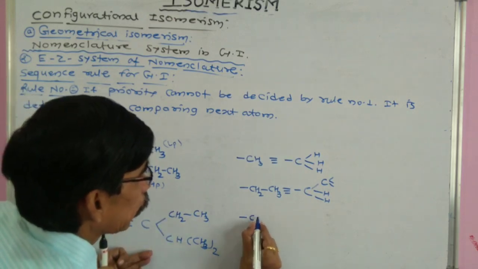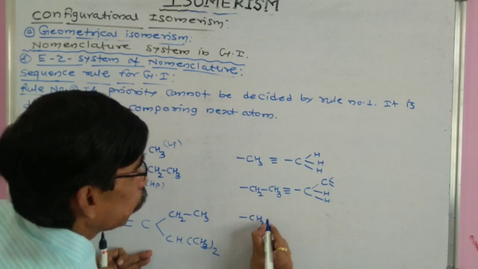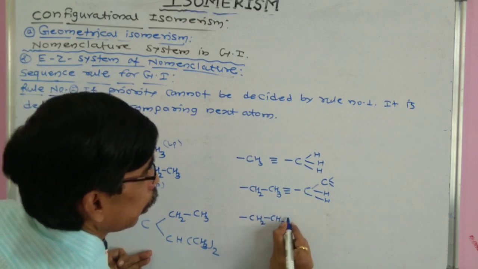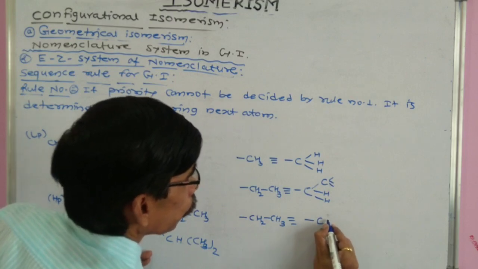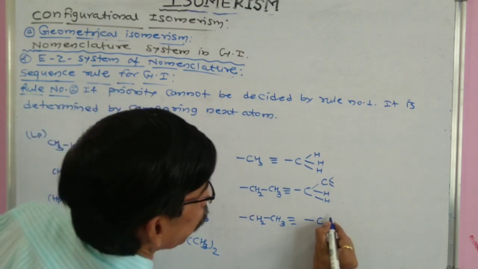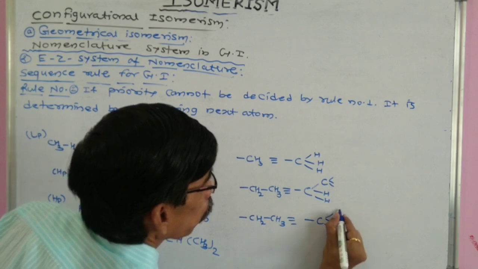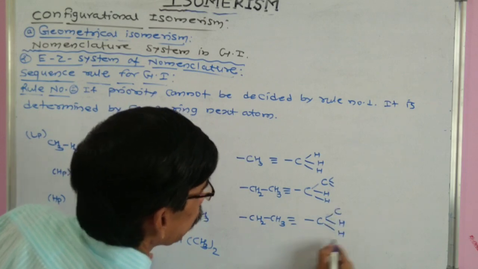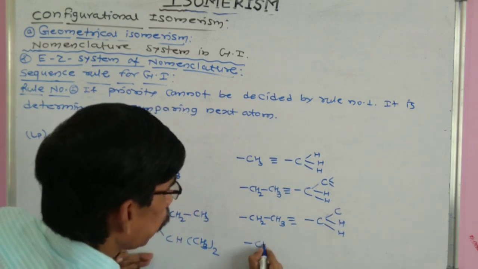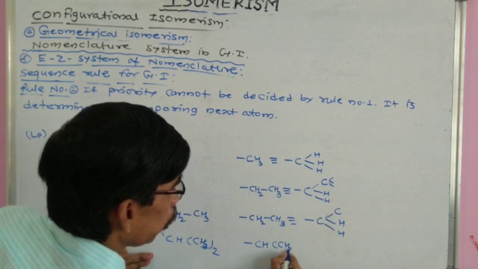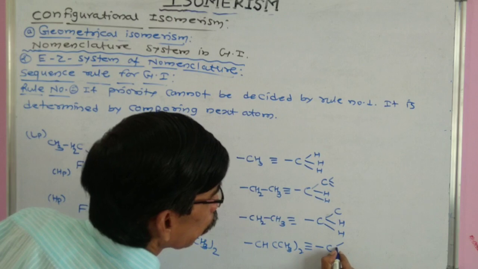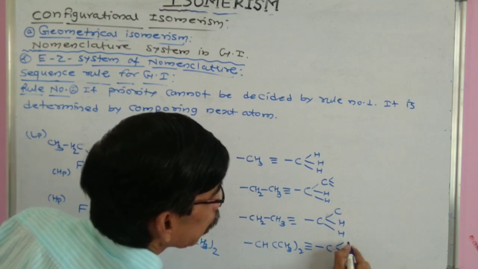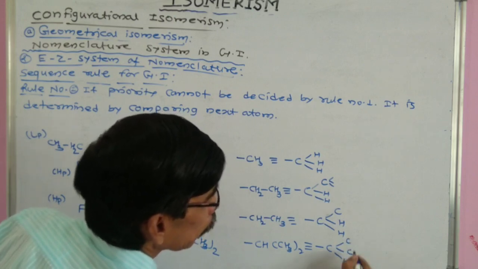So we can write this CH2, CH3, which is equivalent to C. Now this CH, and this CH, CH3 taken twice, is equivalent to C, this H, this C, this C.